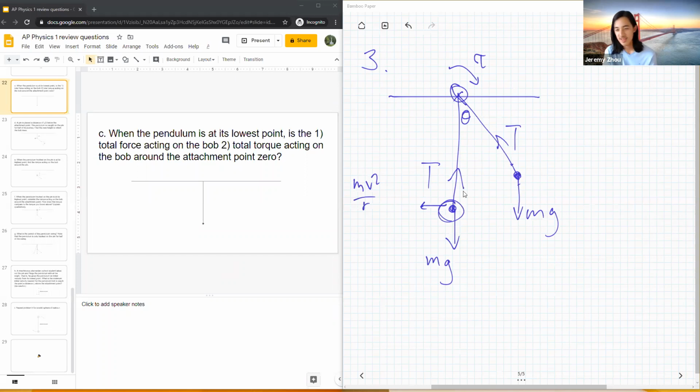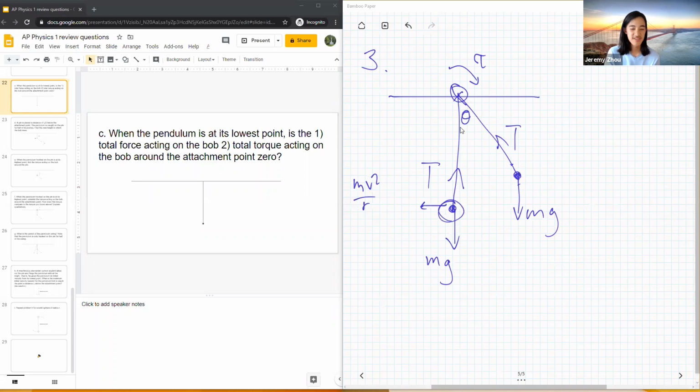Yes. So the total torque around the attachment point when the ball is at the bottom is 0, because the net force is this way, and that's going through the center of torque. So that's not producing any rotational motion about that center.